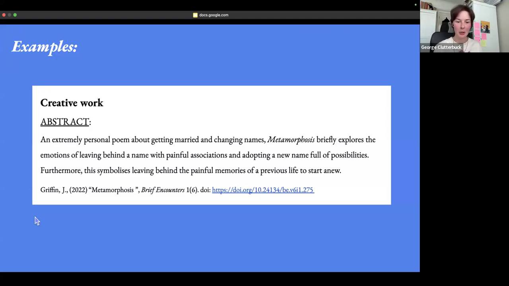It would still tell the people who would experience it something. So in this case, this person, they're talking particularly about a poem that described the experience of getting married and changing their name.